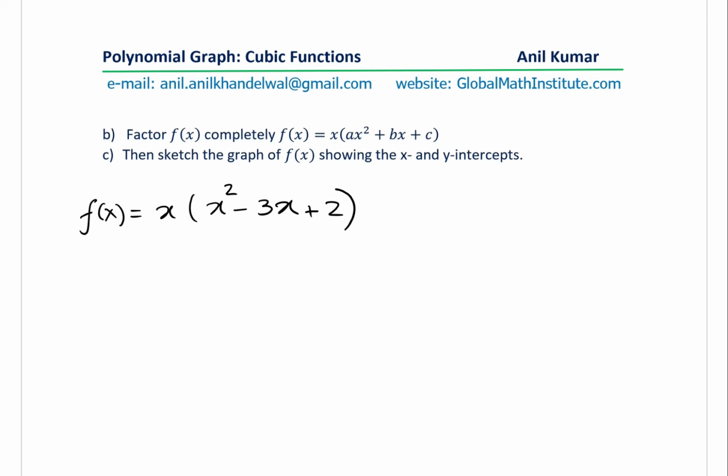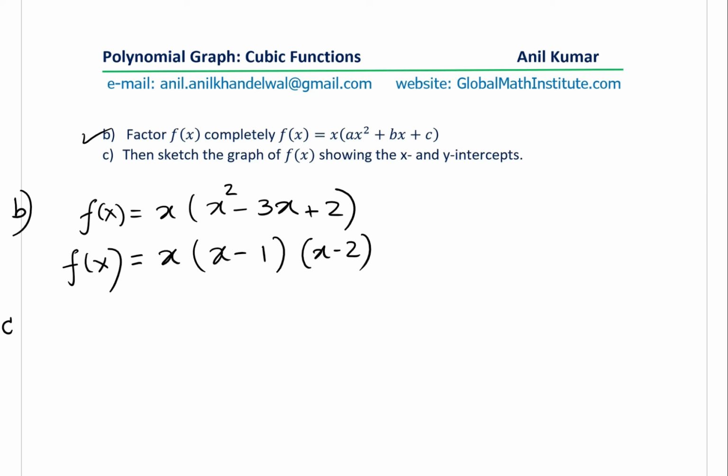Now we could factor this by product and sum. 2 times 1, both negative. So x minus 1 times x minus 2. So that becomes the function. So we have done the factored form, which is part B.